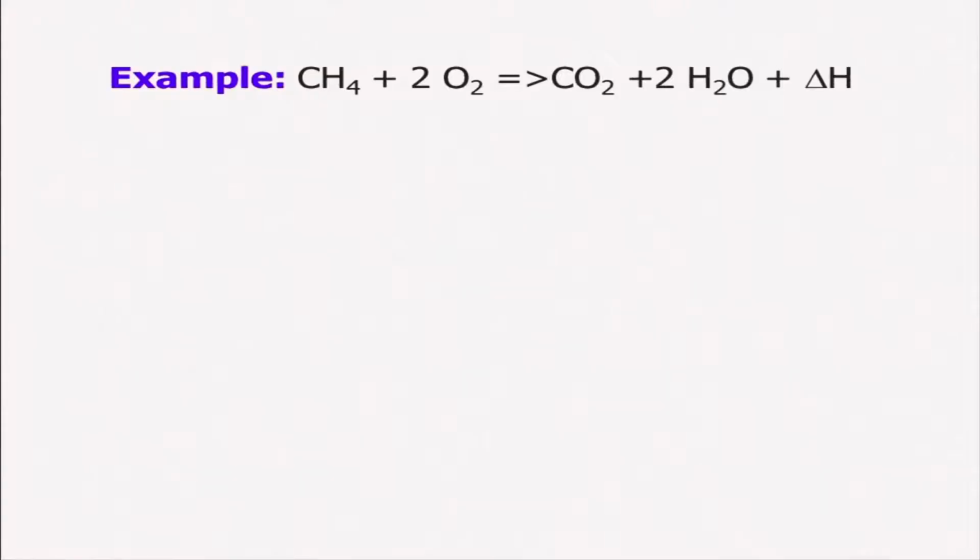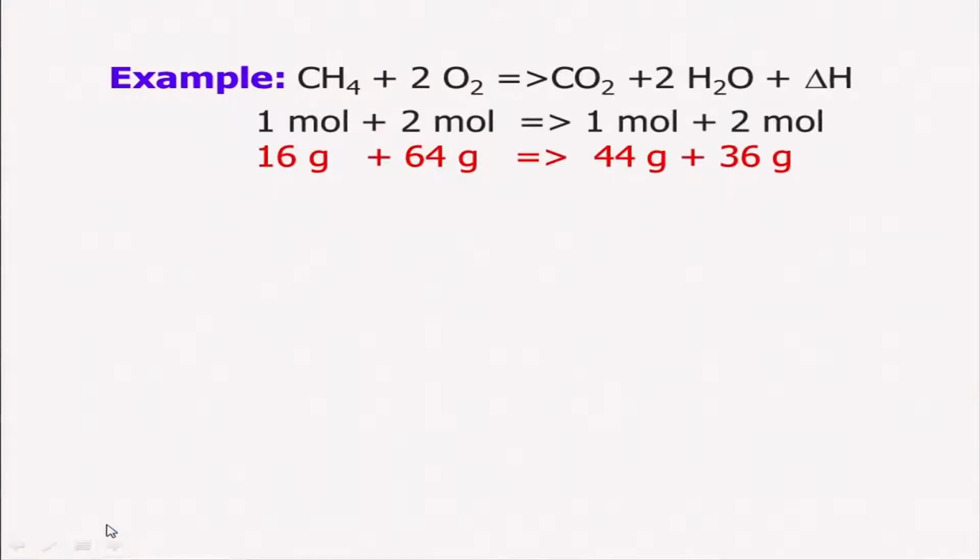So, in this example 1 mole of methane is reacting with 2 moles of oxygen, going to the product of 1 mole of carbon dioxide and 2 moles of water, and giving rise to a certain amount of heat release.